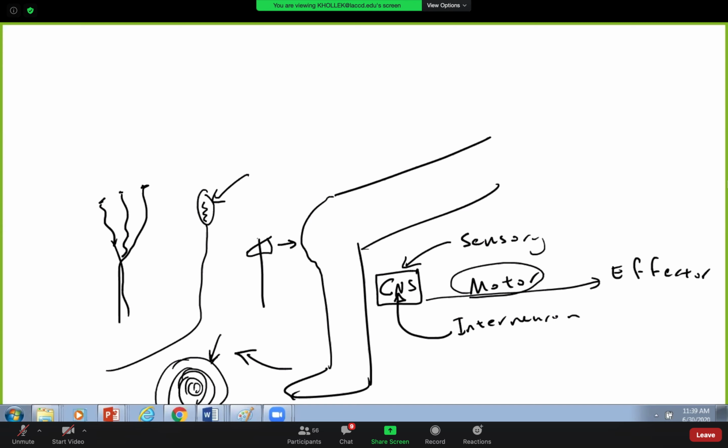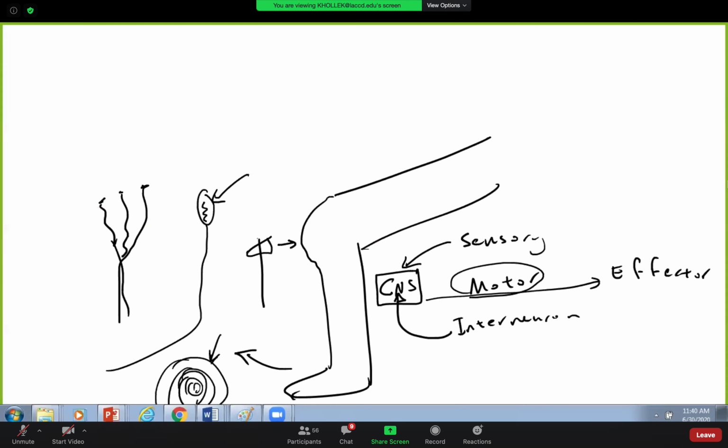Again, you got to know about the preganglionic and postganglionic neuron. Whether you have a short preganglionic or long postganglionic, all right, make sure you know where the ganglion is located. Is it close to the cell body or is it closer to the effector? What type of neurotransmitters are involved?